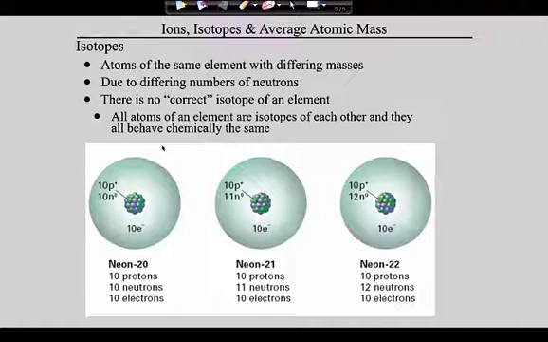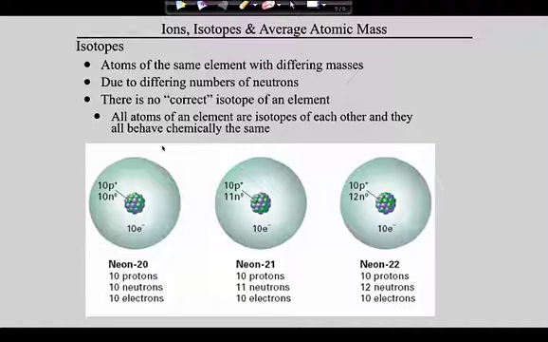We know that the mass of this is not the average of 20, 21, and 22, because the true average of these would just be 21. So how do they figure out that number, 20.1 whatever, given these masses? Well, here's what we know. Neon exists as what we call neon-20. It's got 10 neutrons.